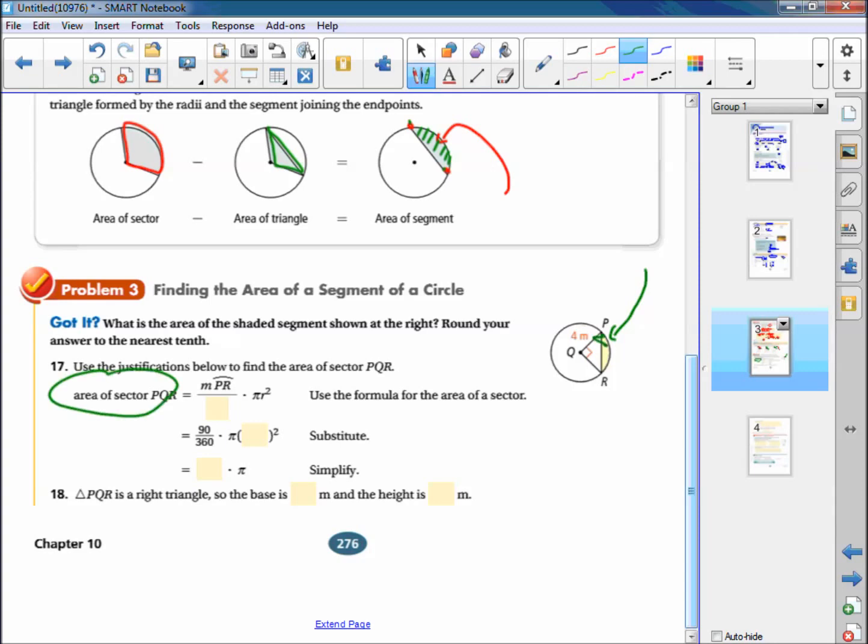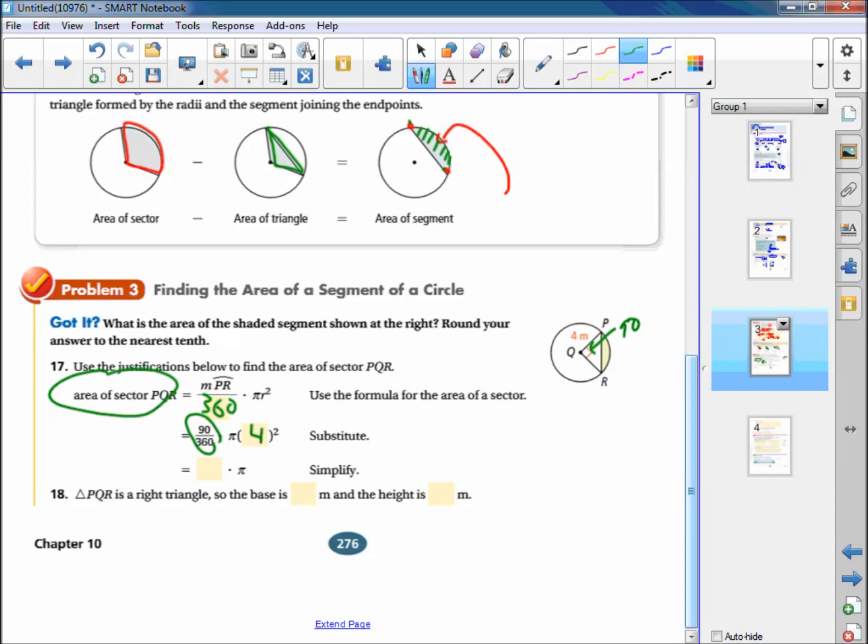So all of this stuff first is going to be equal to the arc, which was 90 degrees. So there was a 90 here, so our arc is also going to be 90 over 360 times pi r squared. So 90 over 360 times pi, and our radius in this case was 4.